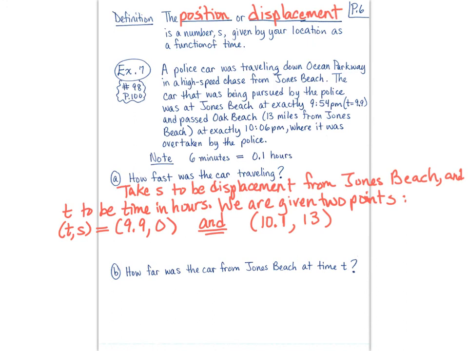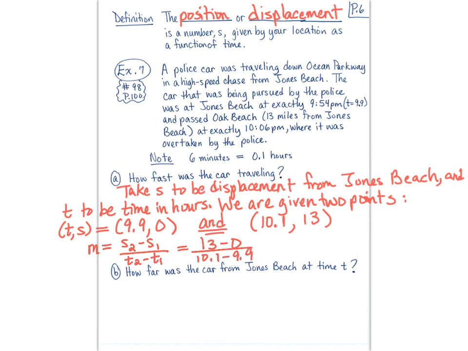Okay. So, in order to find the slope, M is equal to S sub 2 minus S sub 1 over T sub 2 minus T sub 1, or 13 minus 0 over 10.1 minus 9.9.